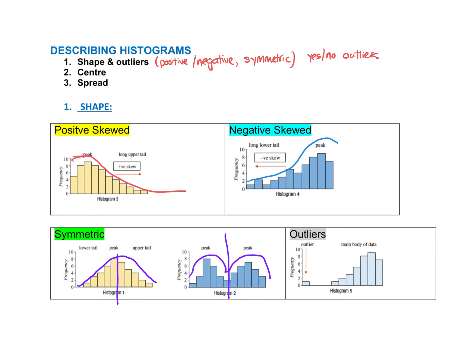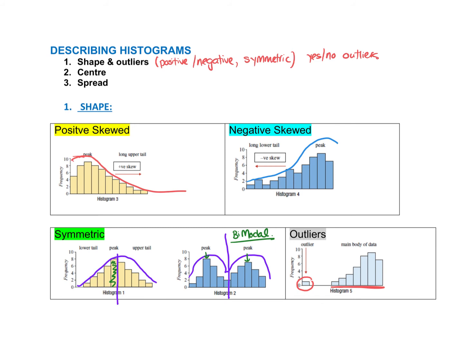Now, often the difference with this one is you might hear it called bimodal. Why is it bimodal? Because there are actually two modes or two peaks there. So we might say that's bimodal, where this one here definitely has just one modal category. Now, we also say whether you have an outlier or not. An outlier is often well away from the rest of the data.